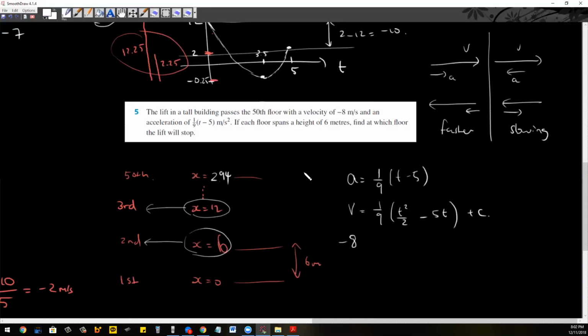You know what I mean? Yeah. So I'm assuming that for velocity, it would equal -8, because there's no other information, so you can't really do anything else. Yeah, but why would it be when v equals 0? It's -8 because it's on the 50th floor. It doesn't really make sense. It's not like a turning point or anything. So velocity equals 0, gradient equals 0.